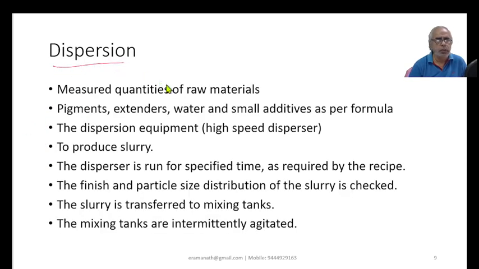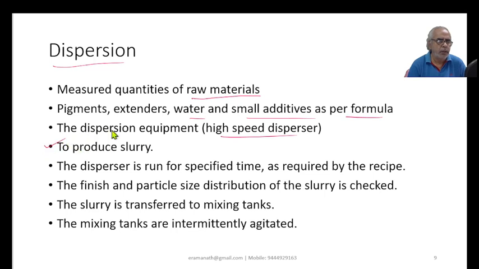Then let us talk about the dispersion. We have measured quantities of raw material that should be ready with the weighing scales. Then pigments, extenders, water and small additives are added as per the formula. And then the dispersion equipment, which is nothing but a high speed disperser, is used for mixing and grinding the paint.